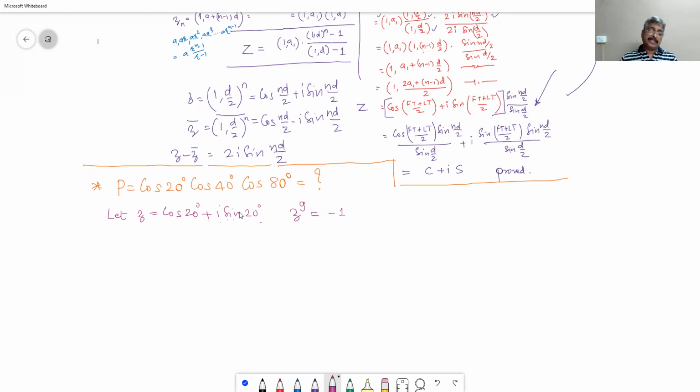Sin 180 is 0, therefore this disappears. Cos 180 is -1. Therefore, Z square is equal to cos 40 plus I sin 40 degree.